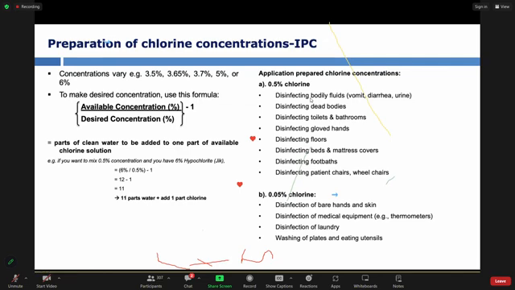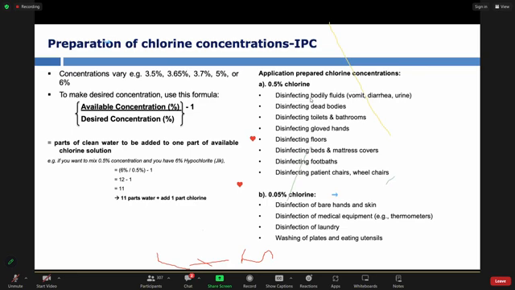Team, let me emphasize, when we started many years ago, we used to emphasize volume to volume, 1 to 10. The reason was because the bleach used to be 5%. Things have changed.